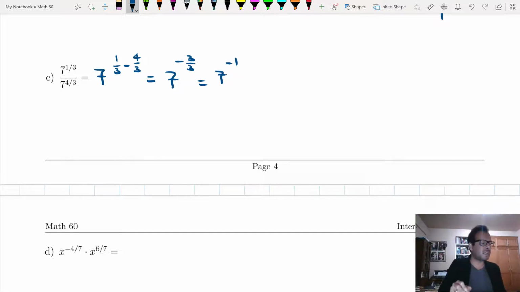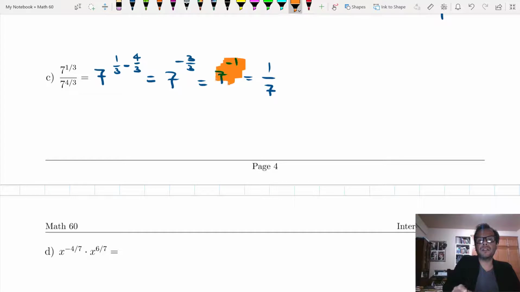But we are required to write this using positive exponents, and this doesn't look like a positive exponent, so this is the same as 1/7. How do we go from here to here?